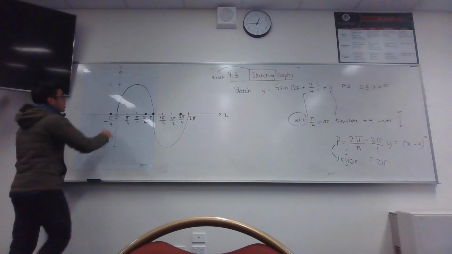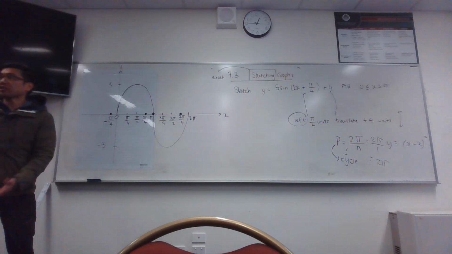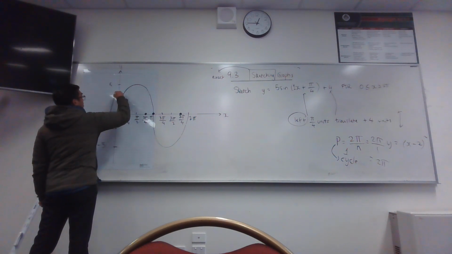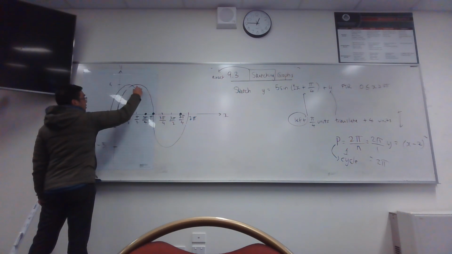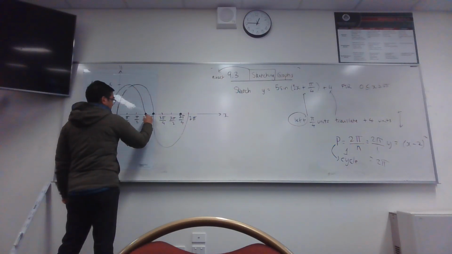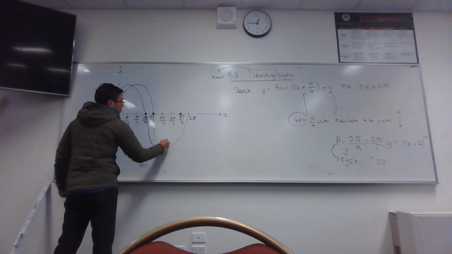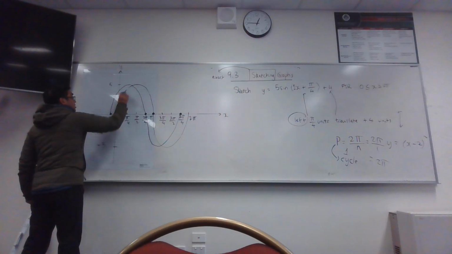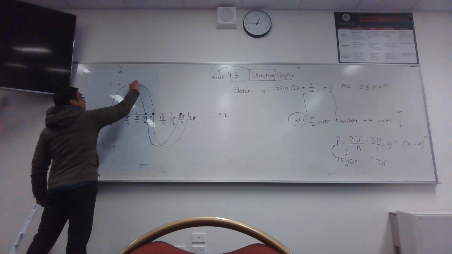Okay. So therefore, we've got a few guidelines to help us to graph this next one like so. And it's going to be a bit messy, but hopefully it still makes sense. So let's get rid of that.